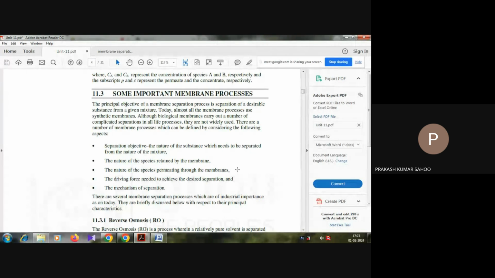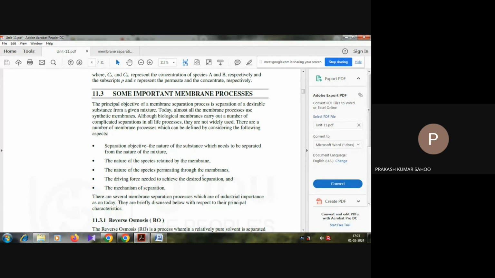The nature of the species retained by the membrane, that is the residual part which is retained by the membrane. The nature of the species permeating through the membrane, that is the filtration part which gets filtered, sieved or permeated. The driving force needed to achieve the desired separation, that is what type of force is applicable. It may be mechanical force, chemical bonding, or some thermal effect.